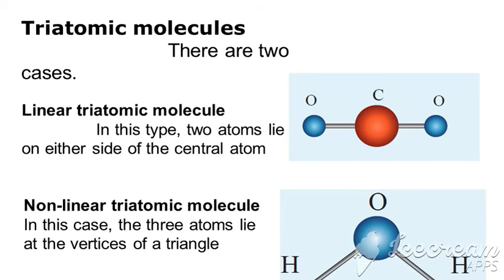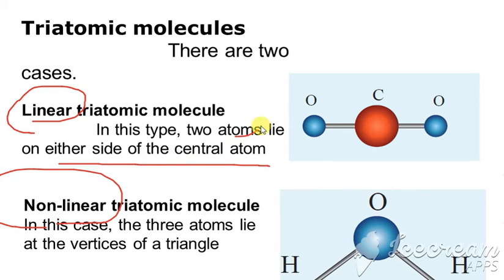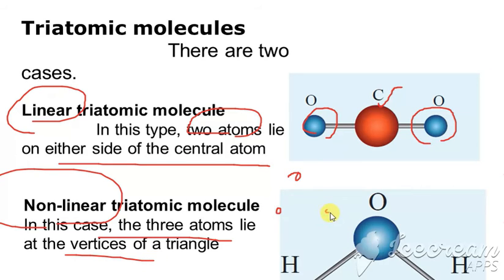Next is triatomic. Triatomic is of two types: linear and non-linear. In linear, there is a central atom and two atoms are placed on either side. In non-linear, three atoms are placed as the vertices of a triangle.